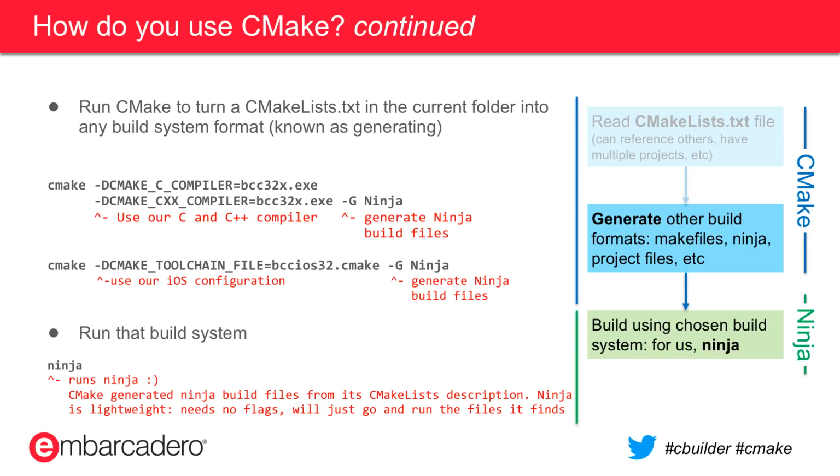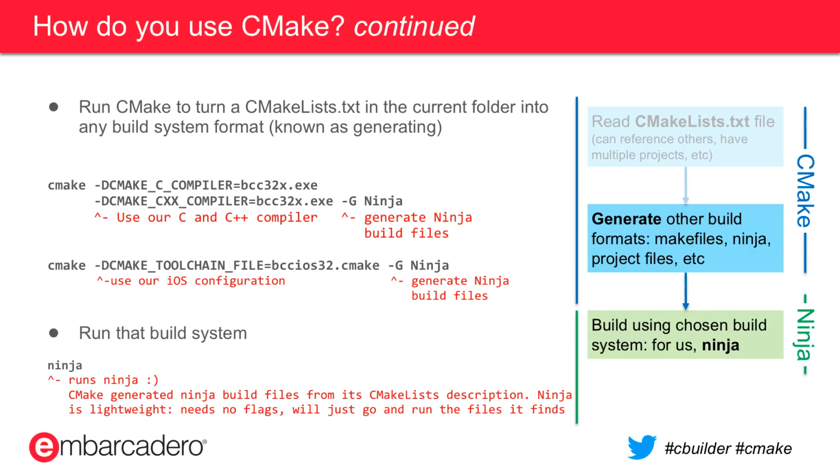And the second command line there is slightly different. When you're building for Windows, whether it's Win32 or Win64, you're building for the current platform that you're running on. But when you build for iOS, you're building for a different platform, so you are cross-compiling. When you're cross-compiling, you use a slightly different command line, and you specify a toolchain file. We provide toolchain files for iOS and Android.